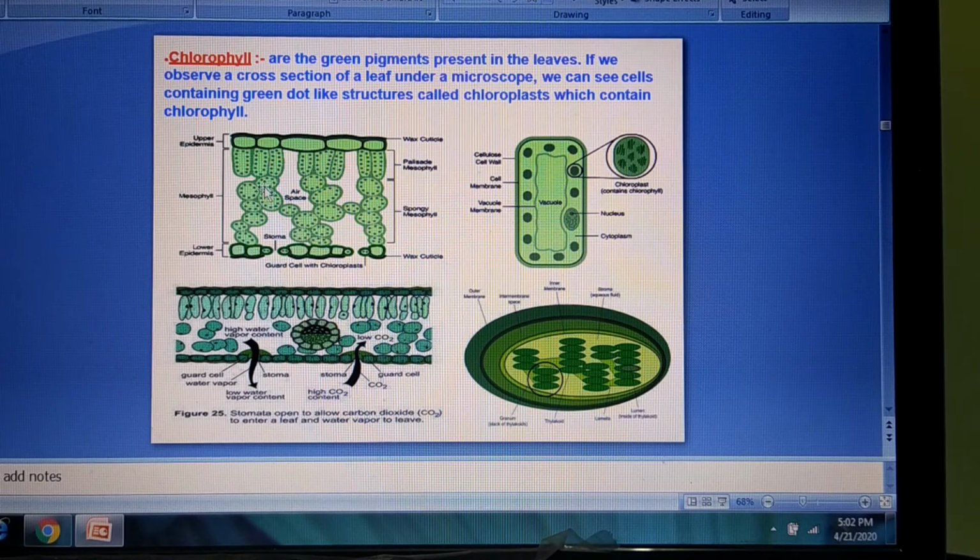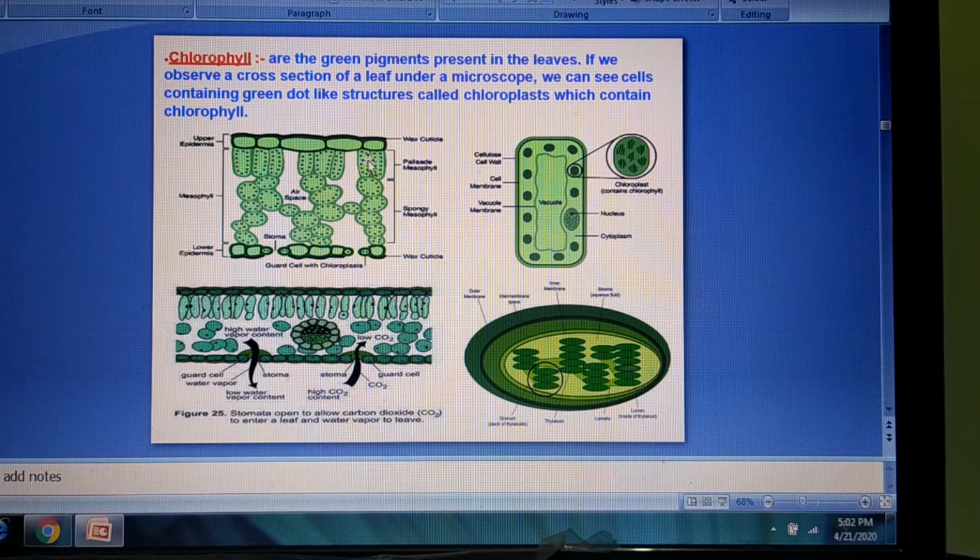These irregularly shaped cells of the mesophyll we call spongy parenchyma. It means mesophyll has two types of cells: long cells, palisade parenchyma, and irregularly shaped cells, spongy parenchyma.